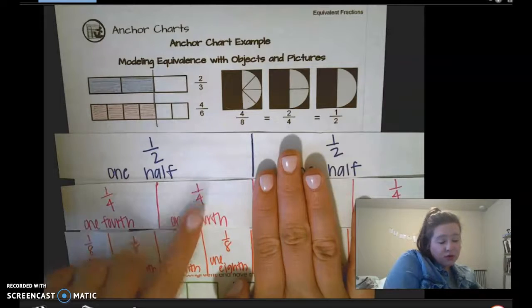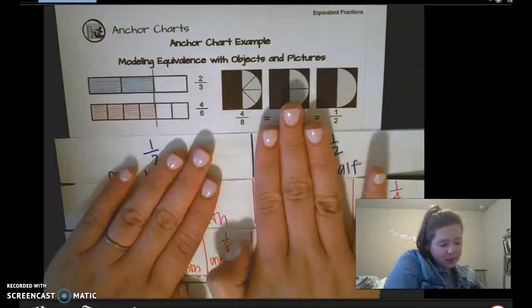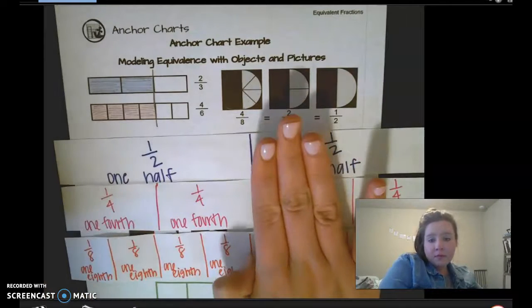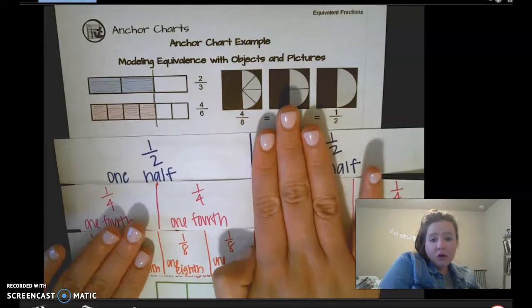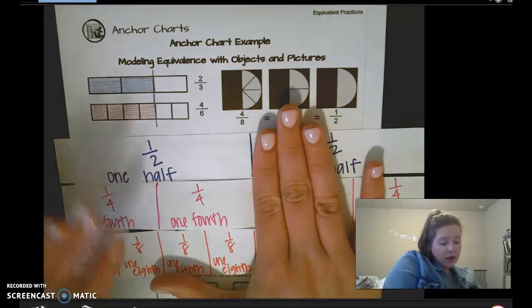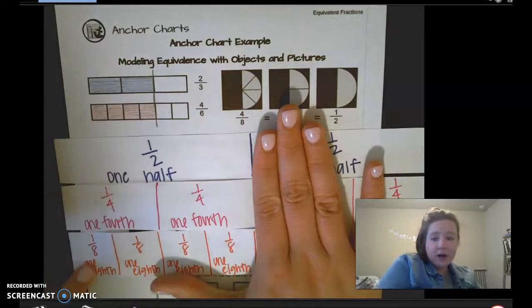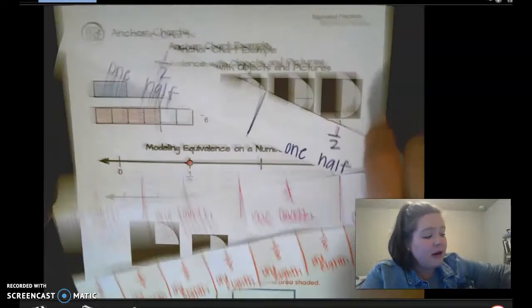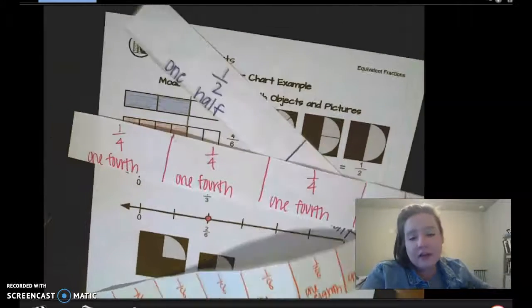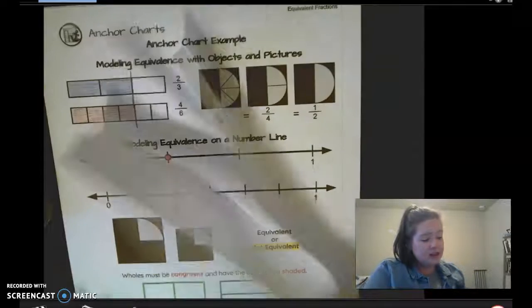And it's also equal to 1/2. All right? So all of these are equivalent. 1/2, 2/4, and 4/8. They are all equivalent because my wholes are the same size. If my wholes were not the same size, then those would not be equivalent fractions.